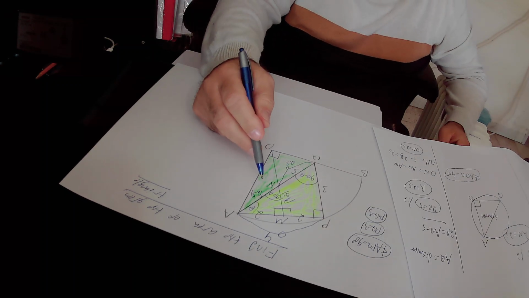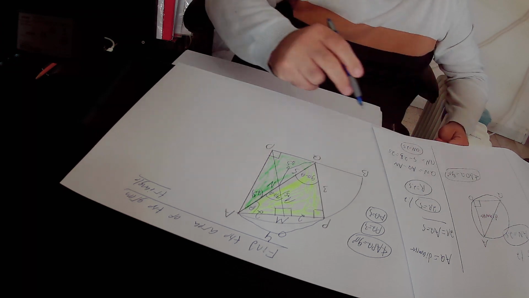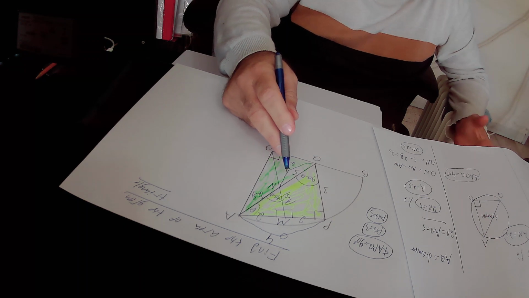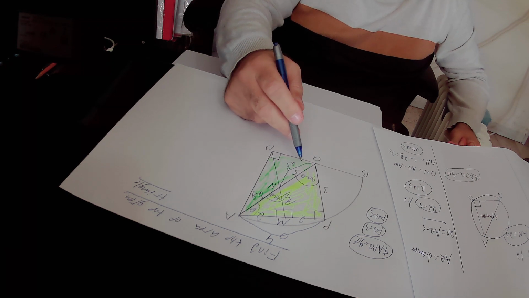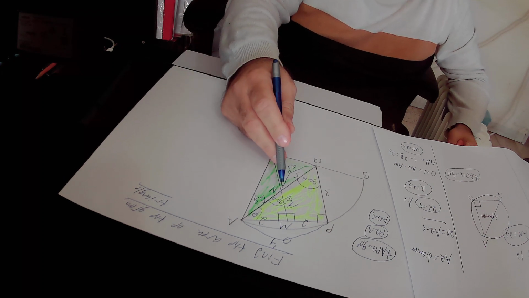Therefore, AN that is equal to 2.5 is the radius of this circle. And QN that is also equal to 2.5 is also the radius of this circle. Therefore, we conclude that the touching point between the two radii is at point N. Therefore, point N is the center of the circle.